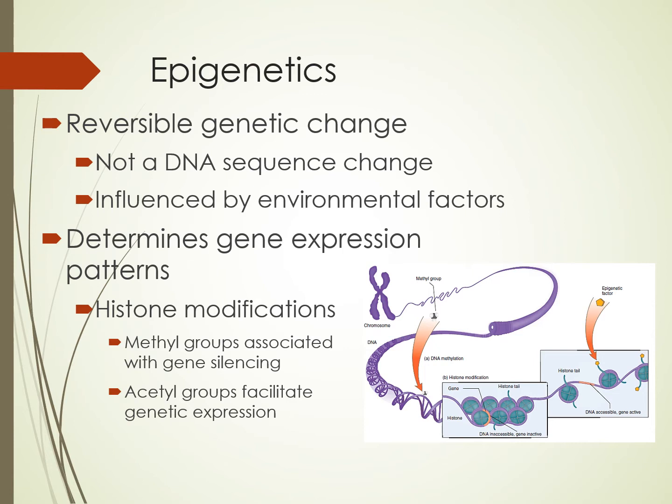Methyl groups are associated with gene silencing, making the DNA more tightly wound around the histones. And acetyl groups facilitate gene expression, making it more likely that we unwind and expose a part of that DNA, and that exposed part of the DNA is more likely to be expressed, as you can see in the picture.